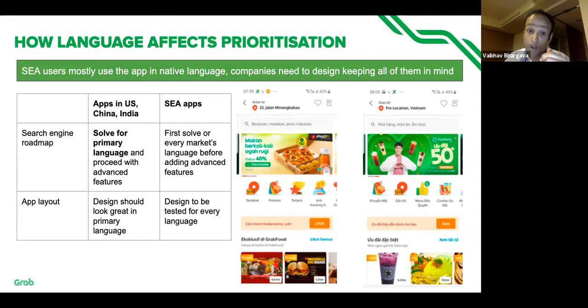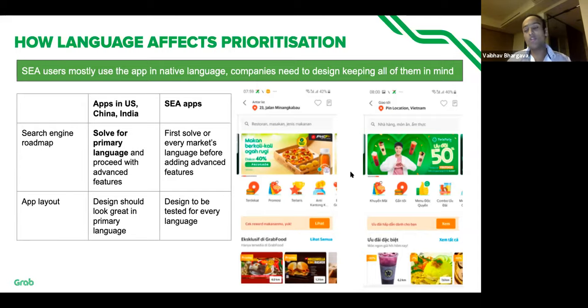Maybe they have to prioritize one market, or it looks great in Indonesian, so let's do that. That's a typical problem that you would face if you are designing or launching products in this market. I was working with a partner just now, they're from India, and trust me, they had a very difficult time launching in Indonesia. So that's something to appreciate.